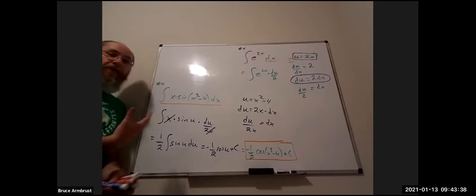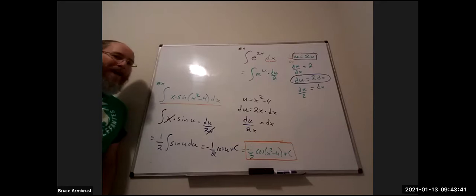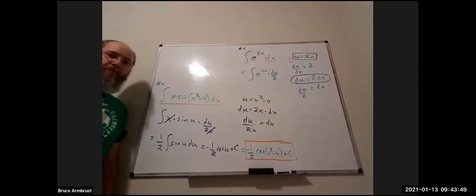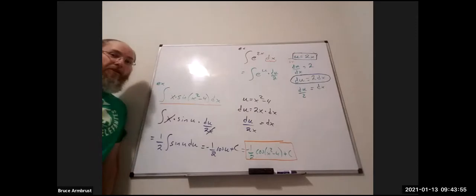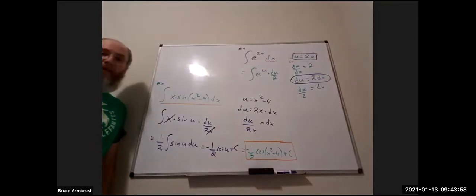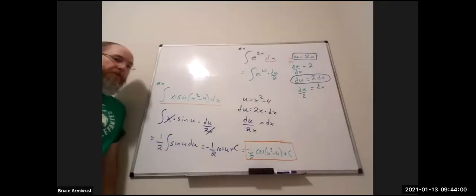All right, now these have been just indefinite integrals, no bounds or anything. What do you think changes when we have bounds? Like if I've got numbers on these integrals, what's going to change here? What do I do differently? What do I do the same?